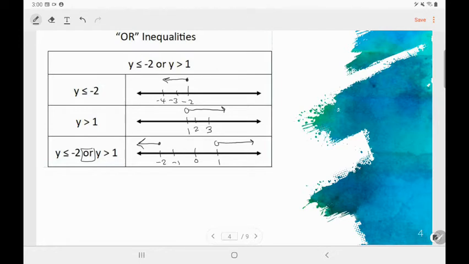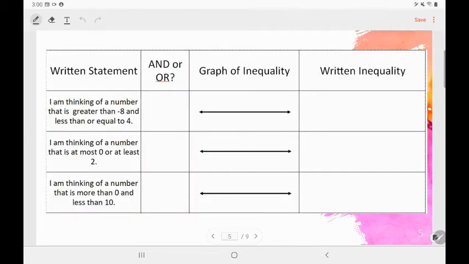I only need to meet one or the other. So for example, 2 is a solution because it is on this part of the arrow, and negative 10 would be a solution because it meets in that part of the arrow, but 0 would not be a solution. All right, "and" or "or" inequalities.